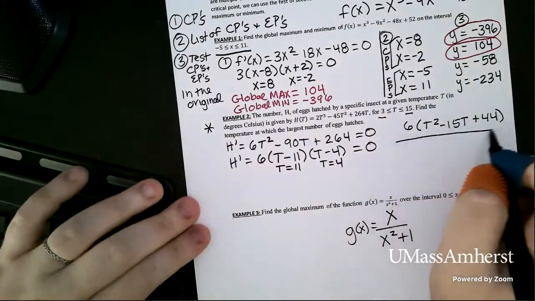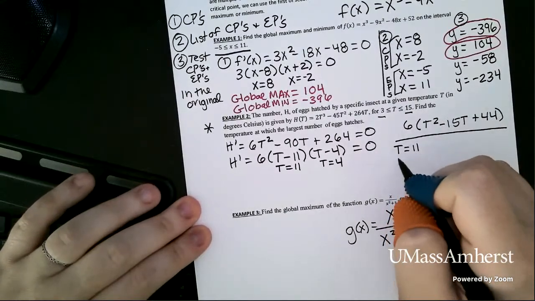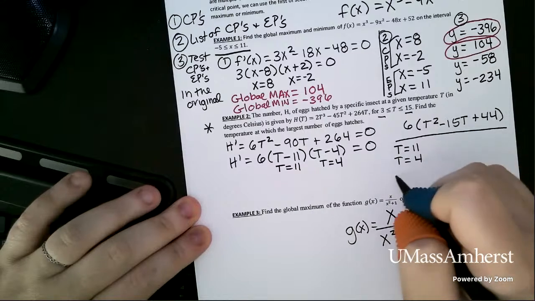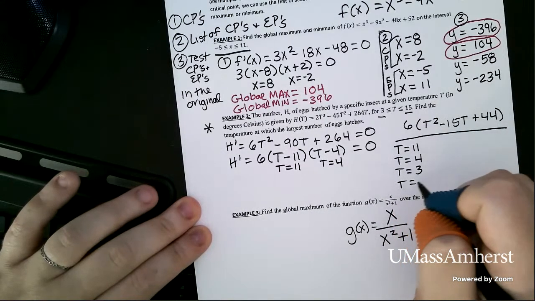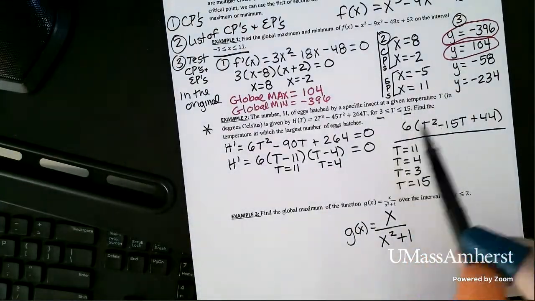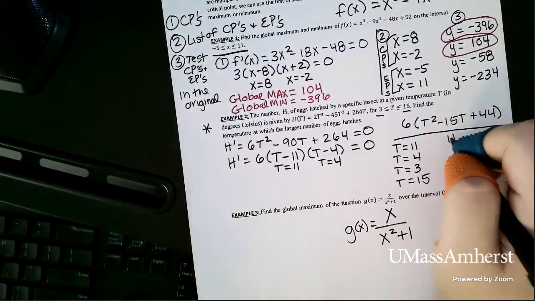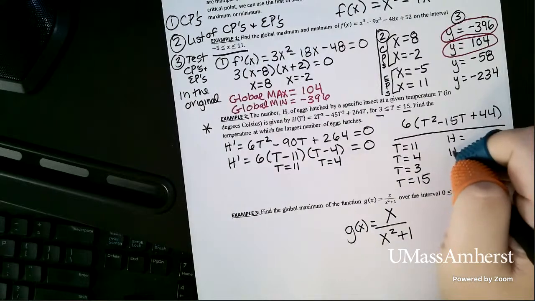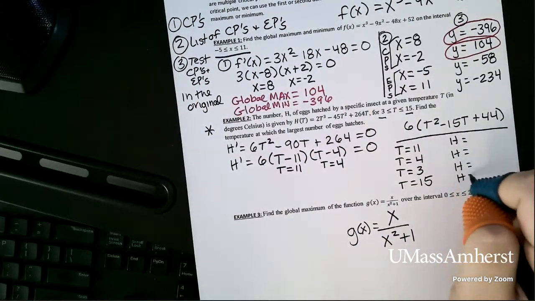Okay, so now I want to make a list: t equals 11, t equals 4, t equals 3, and t equals 15. Again, the 3 and the 15 come from my interval. Now I want to find the dependent value for each of those by plugging each one back into the original function.